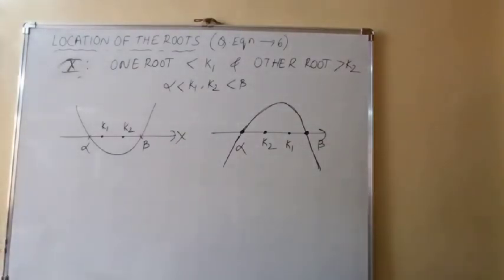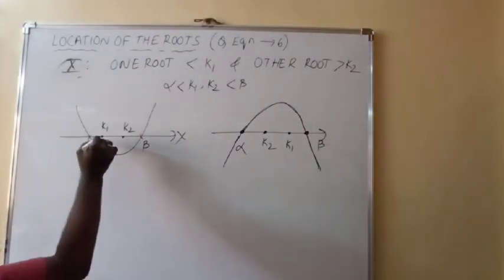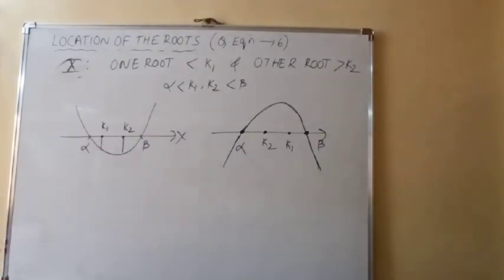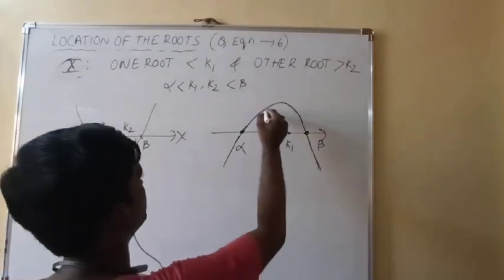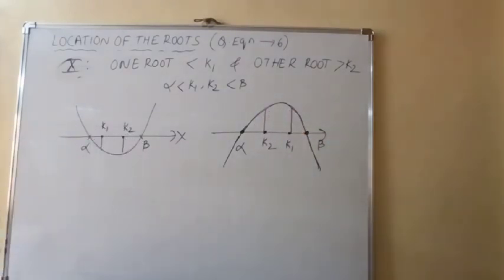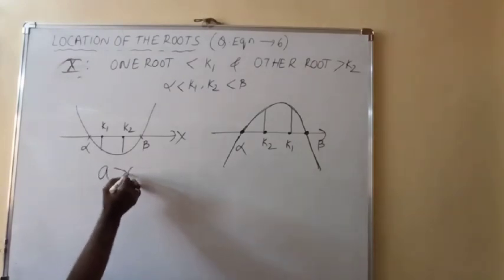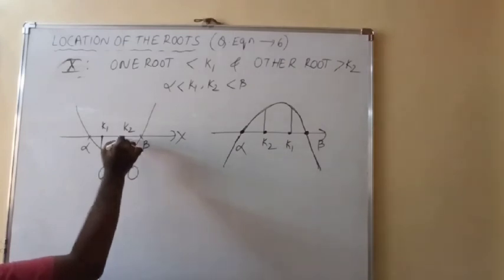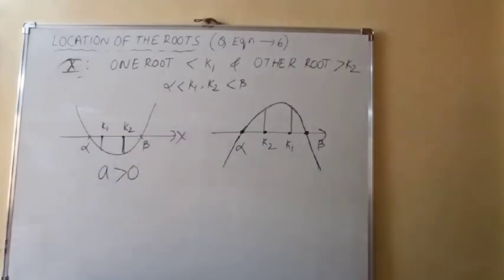Correct? So here if you observe, when a positive, f of k1, f of k2 negative. When a negative, f of k2, f of k1 positive. Because when a positive, at k1 graph is below x-axis, at k2 also graph is below x-axis, so f of k1, f of k2 negative.